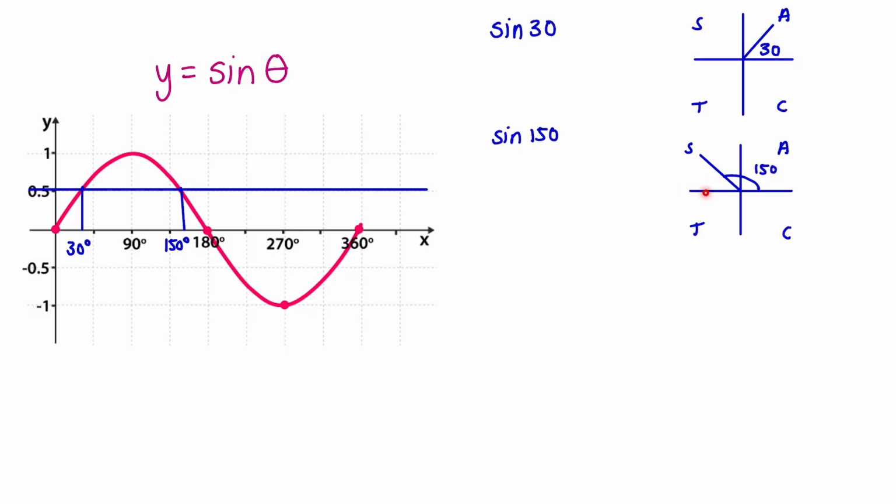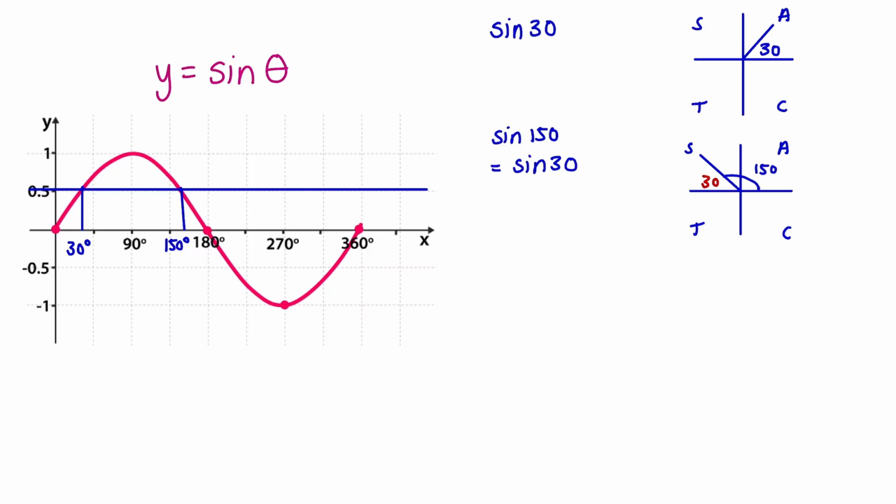Can you see that because these are supplementary angles, that would actually be 30 degrees, which correlates to what we're seeing up here. So what we say in trigonometry is that sine 150 degrees is also equal to sine 30 degrees. And it's also positive because remember, in the first and the second quadrants, sine is positive.